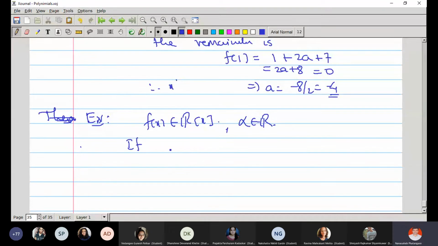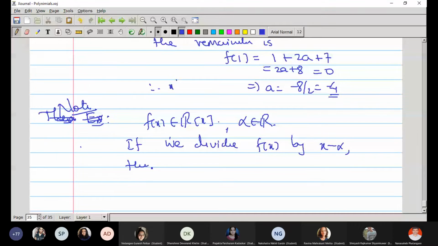So note this: if we divide f of x by x minus alpha, then the remainder is f of alpha.